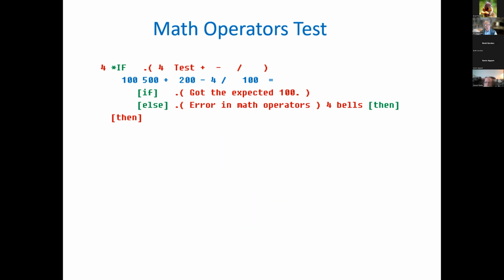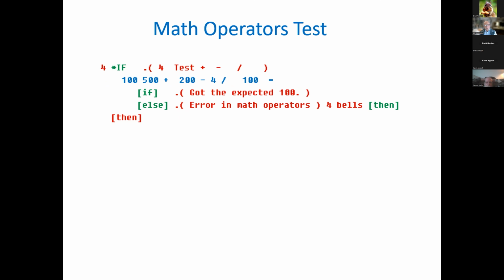We're going to test plus, minus, and divide, not all functions, 3 functions. So this is our 4th test in sequence. We give a series of parameters: 500, 100, 500 plus 2 minus 4 divide 100 equal. So we go through a test sequence of the 3 math operations.